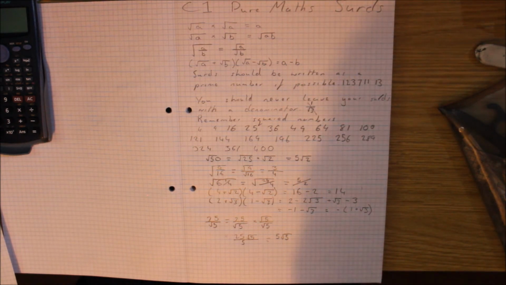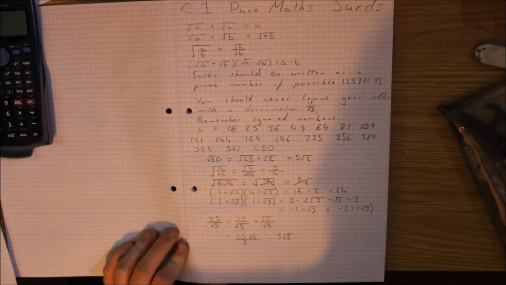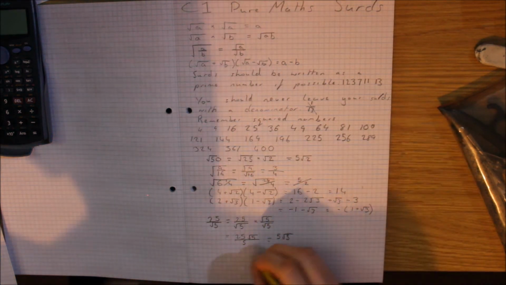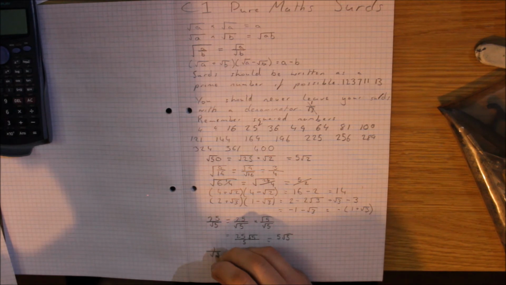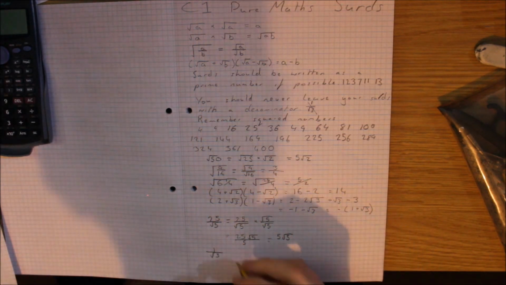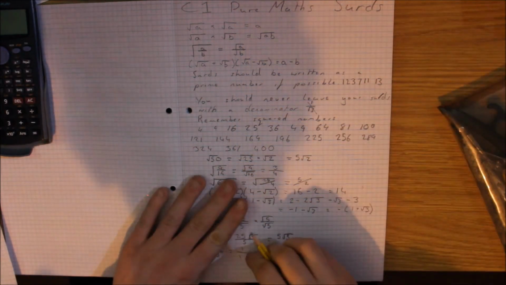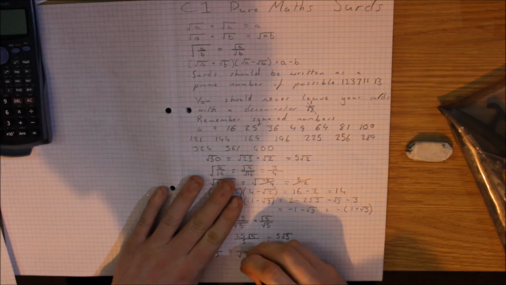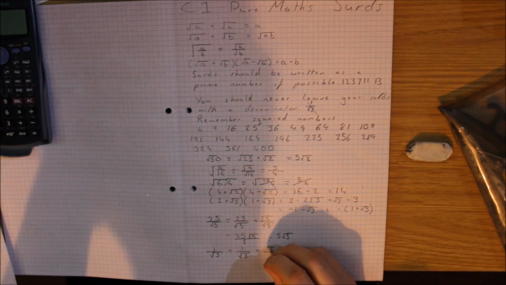Now, the final one I think I'm going to do, because I'm running out of paper on this page, just to get my point across, is 1 over root 3. So what would that equal? Let me just rewrite that. 1 over root 3 times root 3 over root 3.